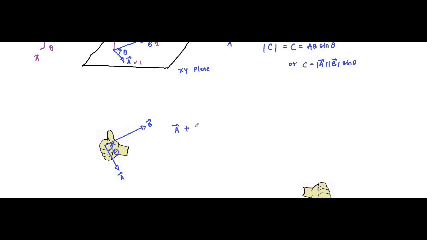That is the direction of angle theta. So if this is the way the vectors are oriented in a plane, the direction of the thumb gives the direction of the resultant vector. The direction of the thumb is upwards, like this.